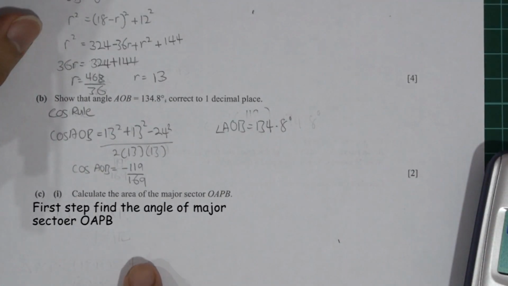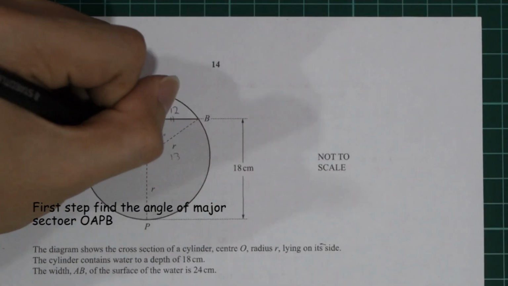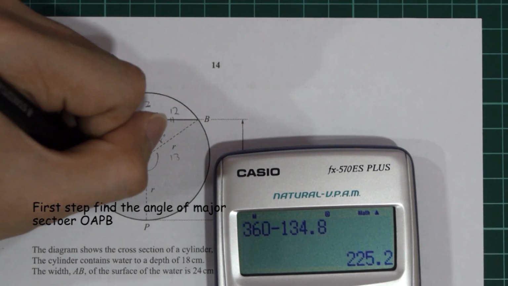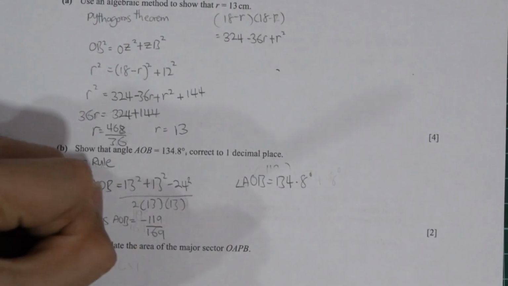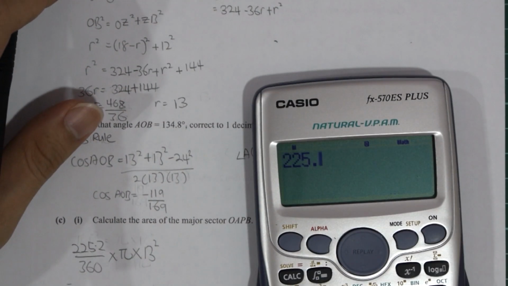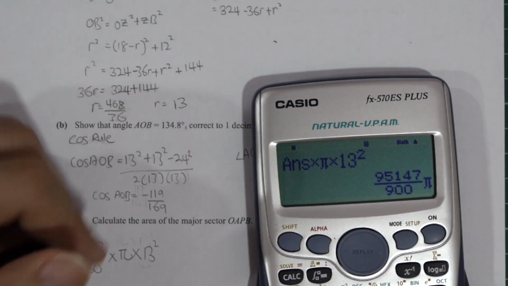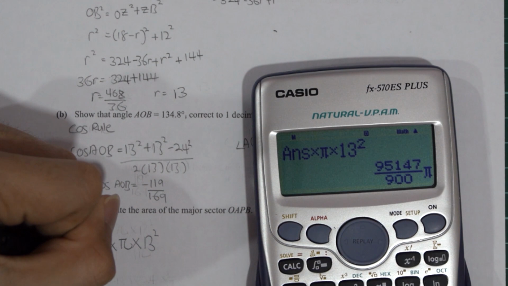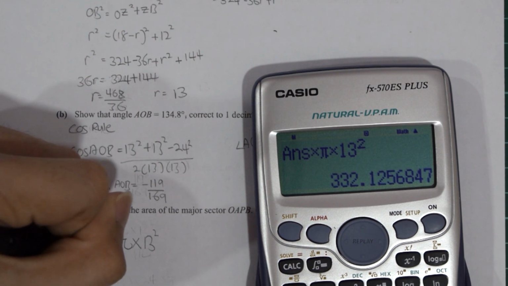Lastly, calculate the area of major sector OAPB. Since we already know that AOB is 134.8 degrees, we can get the angle of OAPB by taking 360 minus the answer that we found.